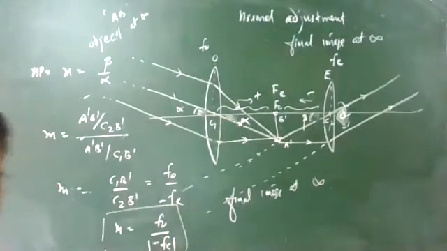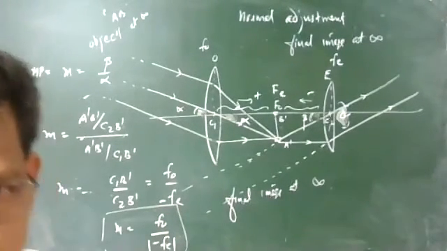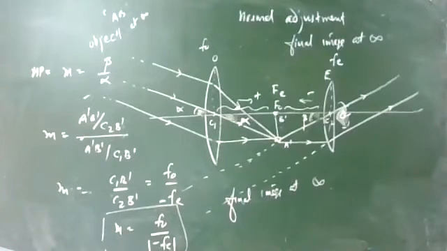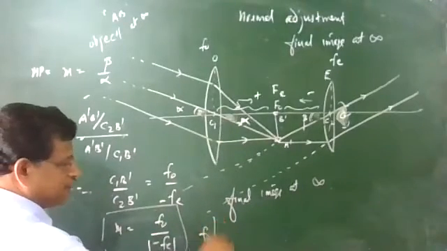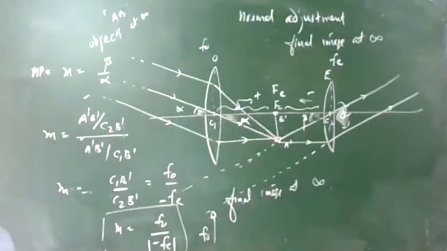Then, what are the different ways of increasing the magnifying power of an astronomical telescope? You can see f naught in the numerator. By increasing f naught, that is why we make the objective lens of large aperture and large focal length. Why large aperture? Because it has to collect a huge amount of light coming from the object.